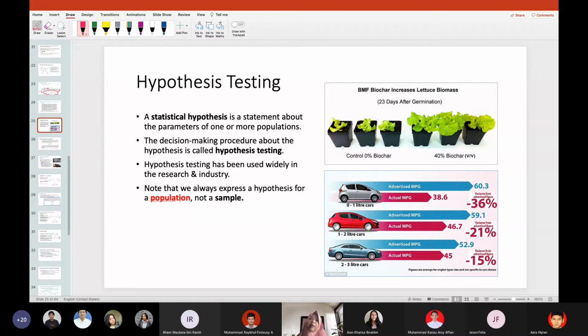So sometimes the real data doesn't comply with the advertisement or the claim. How do we say that the data can support the claim or not? We're going to use that one.